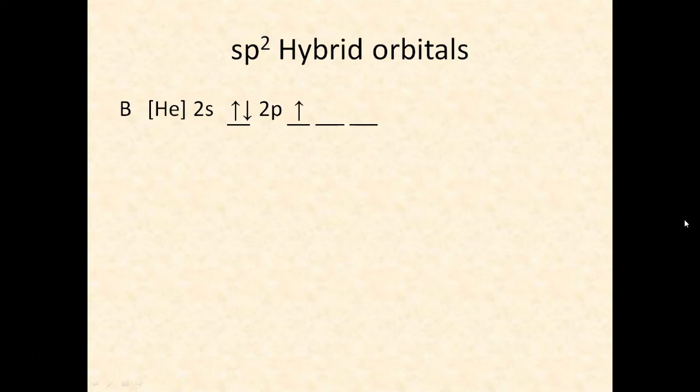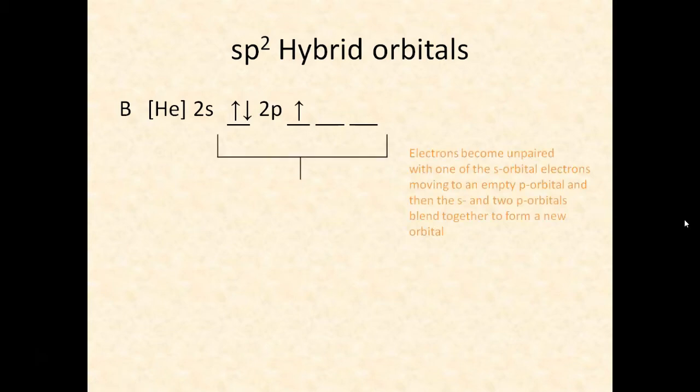We can look further. If we look at boron, we can see boron has three electrons. It has one p orbital with a single electron. Again, we know from experimentation boron can form three bonds. So therefore, the electrons in the s become unpaired, one of them moving to a p orbital.